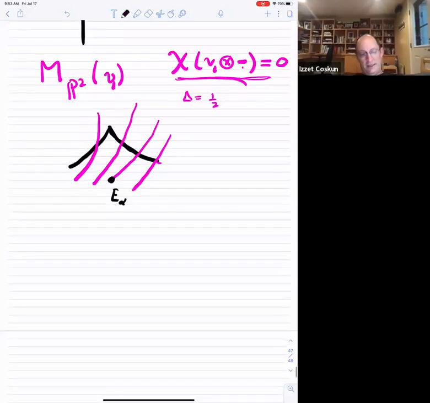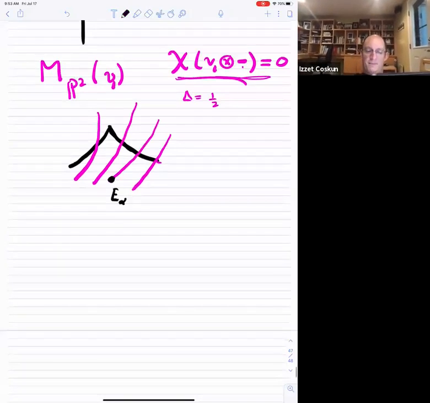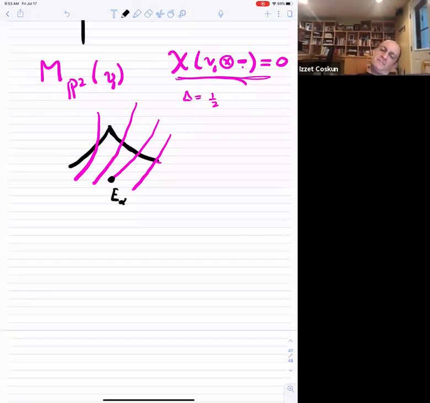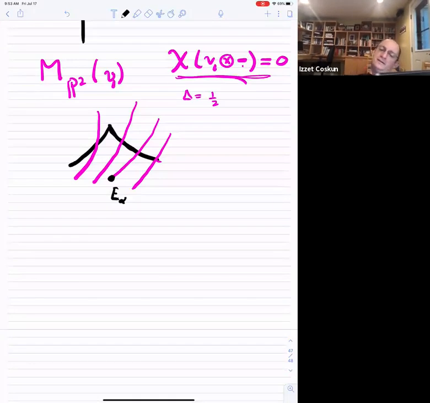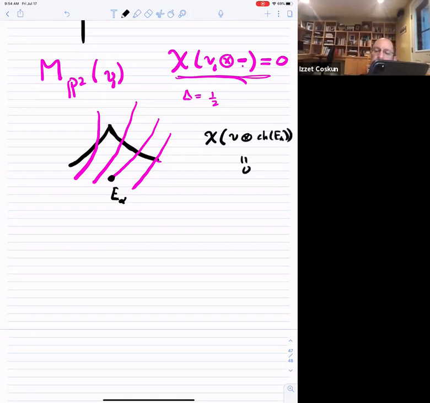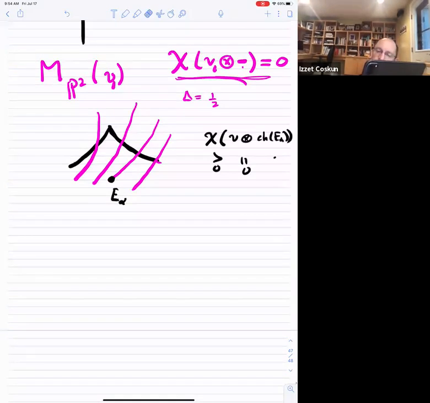The difference is whether this parabola passes above, through, or below E alpha. Okay, so those are the differences. And how do you tell the differences? The sign of chi of V tensor the Chern character of E alpha, whether this thing is equal to 0, greater than 0, or less than 0.